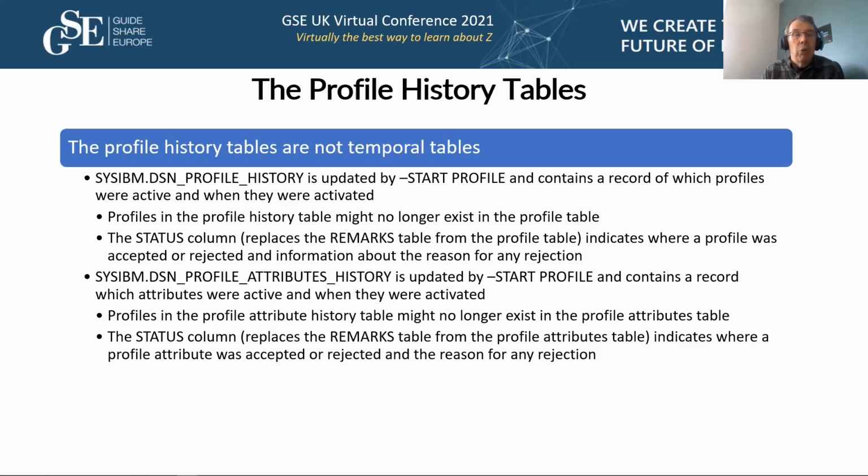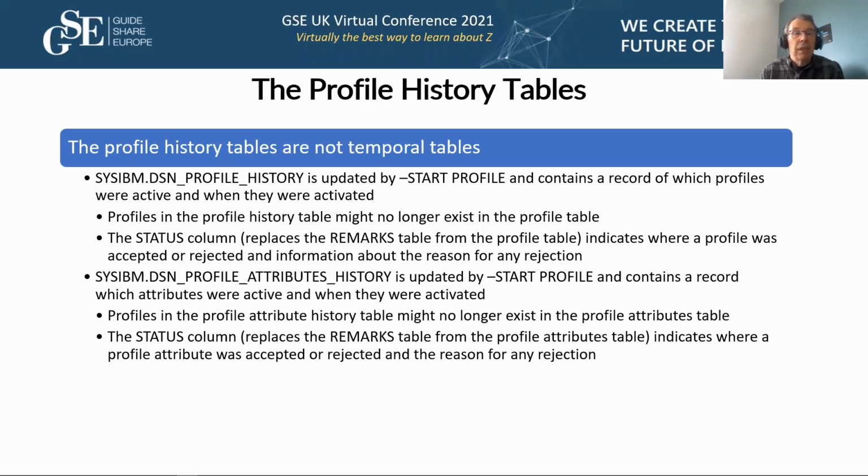So they contain more or less exactly the same columns as the non-history tables. But in this case, the remarks column, which you might use to indicate why you're making a particular update, is replaced by a column called the status column. And that indicates whether a profile was accepted or rejected when you issued the command, and information about the reason for any rejection.